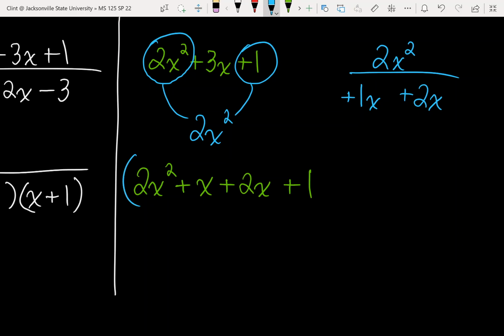Then I factor by grouping. First two, last two. We've got an x in common in the first group. That leaves us 2x plus 1. And we can just factor a 1 out of the second group.